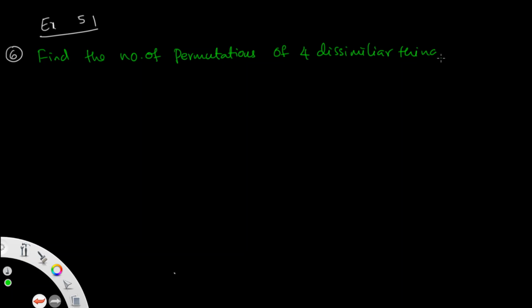Find the number of permutations of 4 dissimilar things taken 3 at a time.